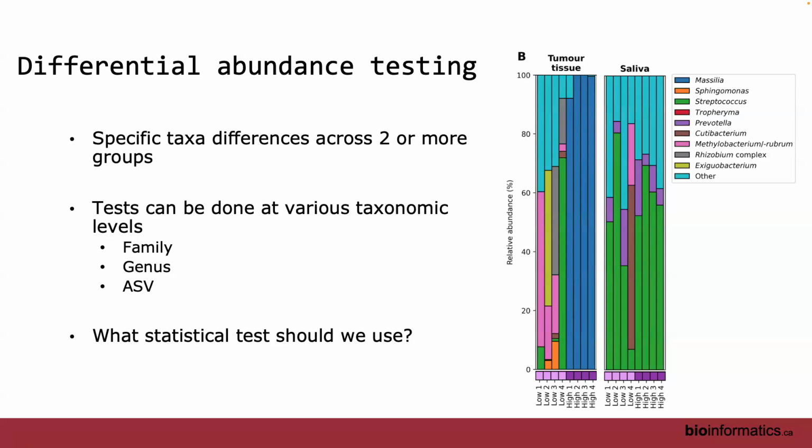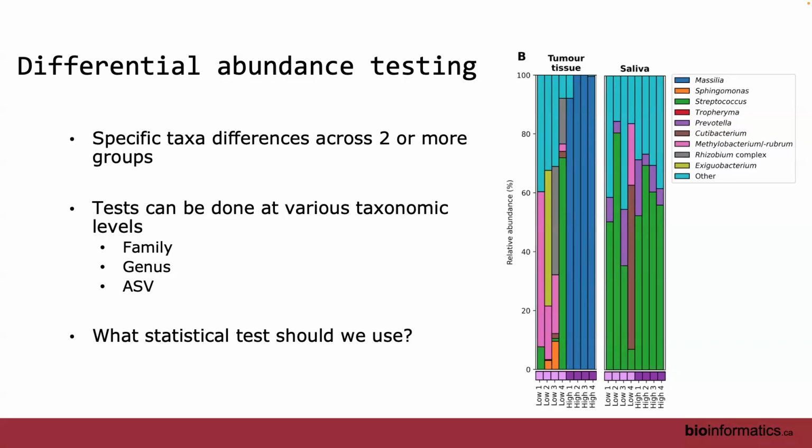But you'll see that there are a lot of specific ways to do that that are more tailored towards genomic data and microbiome data. We can also do this at different levels, right? So we collapsed our feature table to genus level or family level, and we can look for statistically different taxa across those different levels.